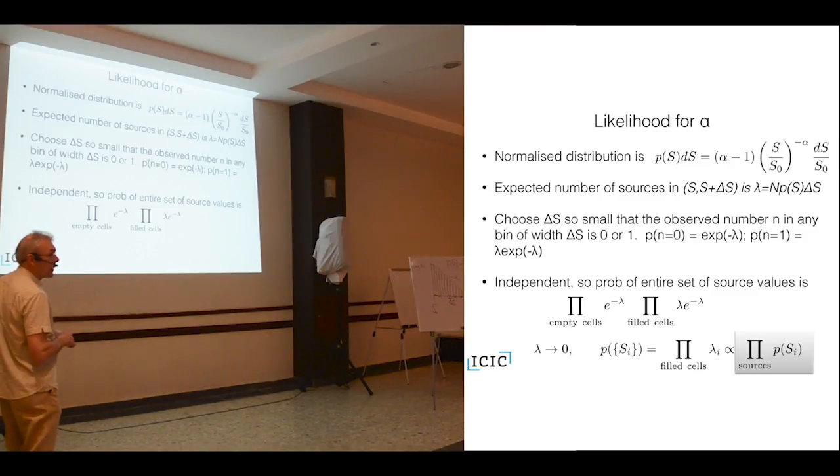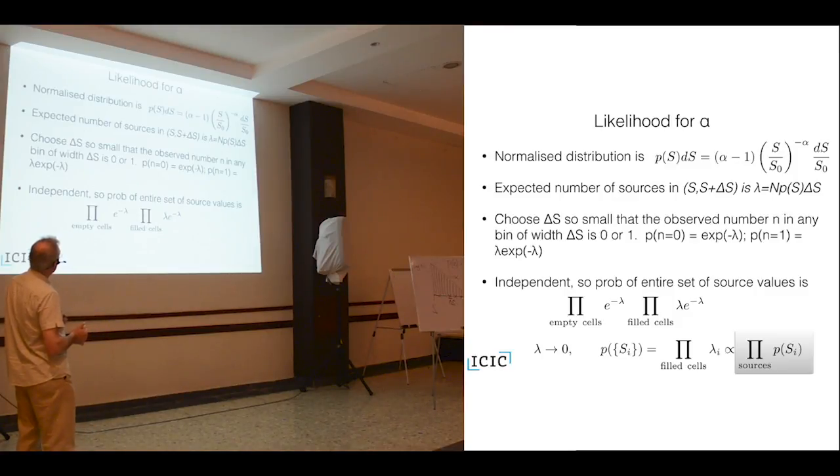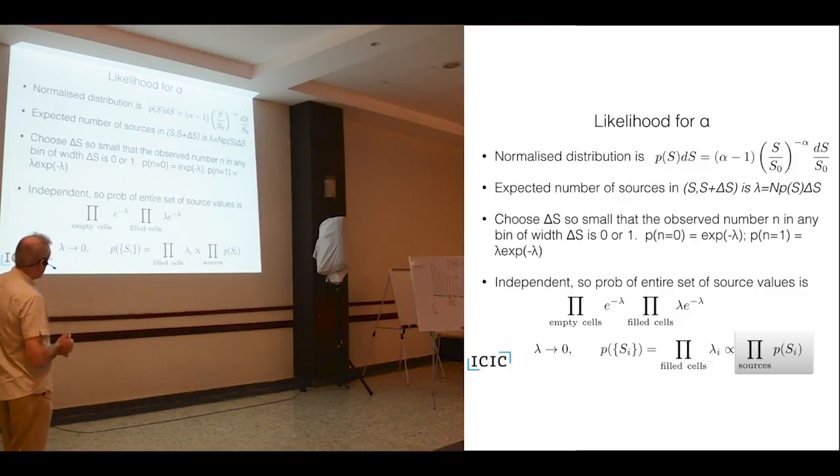And then if we take the limit of small bins, so that lambda goes towards 0, if we make the sizes of the bins infinitesimally small, then all of the probabilities for the empty cells are essentially 1 as lambda approaches 0.